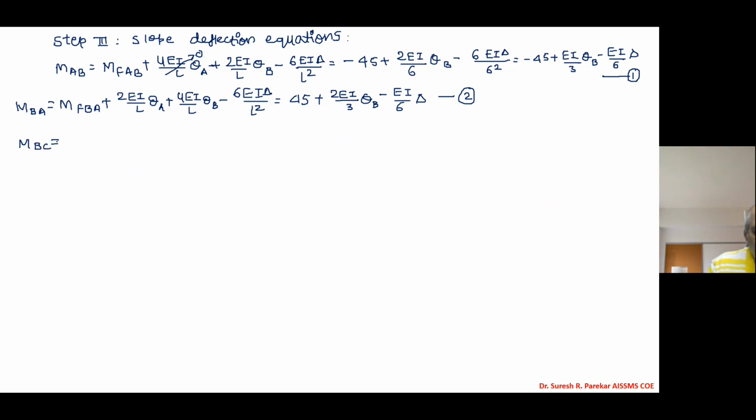Now we have the effect of sway in columns only. In beams we do not have that effect. So we have MFBC plus 4 EI upon L theta B plus 2 EI upon L theta C. And then we have minus 104.17 plus 4 into 2 EI upon 5 plus 2 EI upon 5.